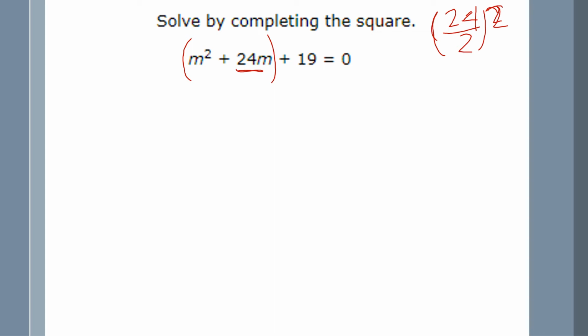But in this parentheses, when we rewrite it, like so.